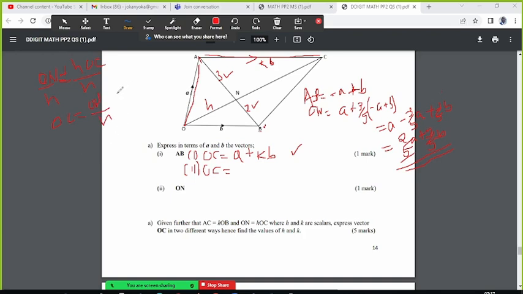ON over h. But what is vector ON? We worked out ON somewhere here.